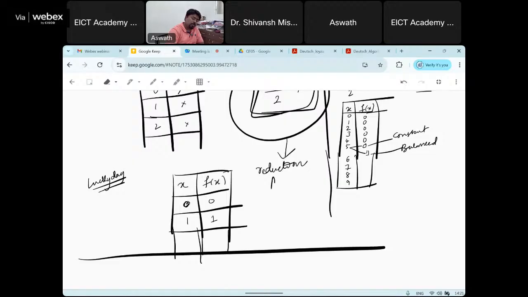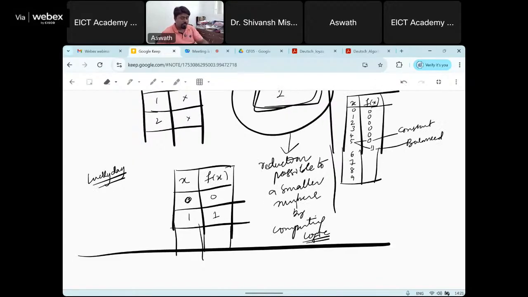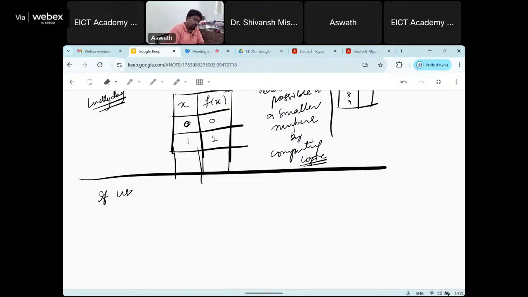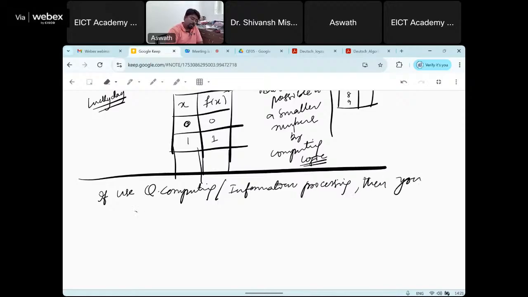But the question is, if you use quantum computing, or quantum information processing, then Alice can find the f of x nature in one step, or one iteration. So that is interesting, right?